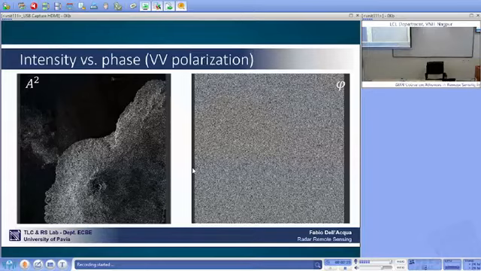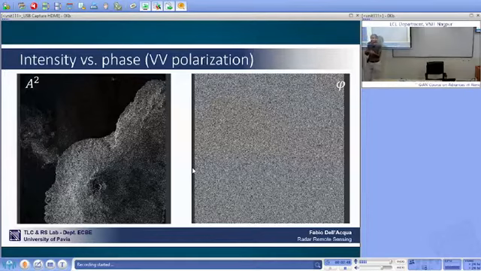Even in this case, it does make visual sense. If you look at the amplitude image here, each of these pixels is the visual rendition of how much backscattered signal the system obtained from that specific location.